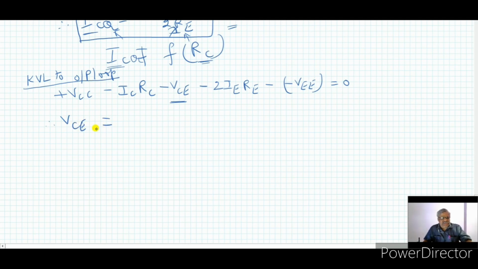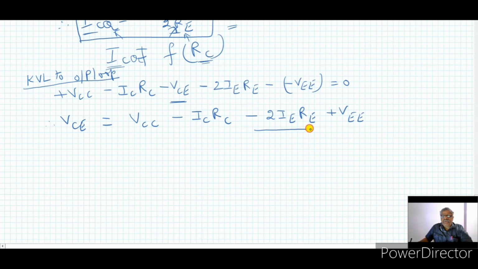Therefore VCE is equal to VCC minus ICRC minus 2IERE plus VEE.